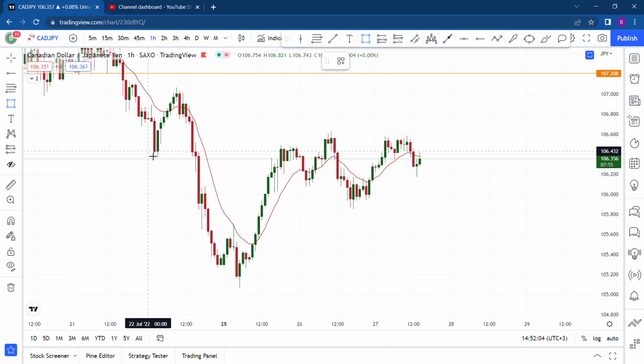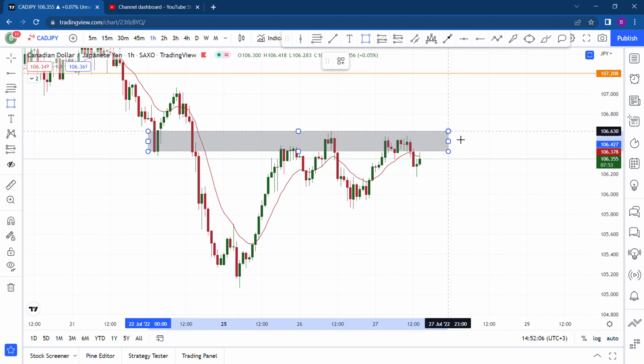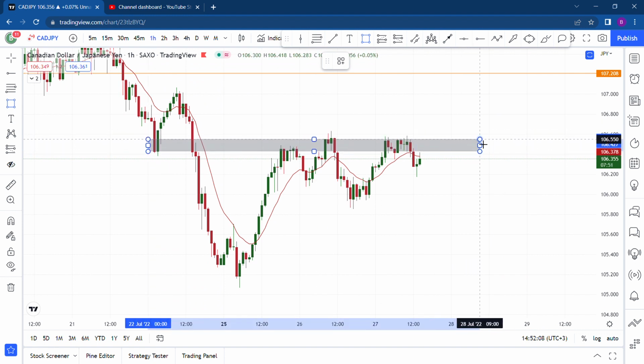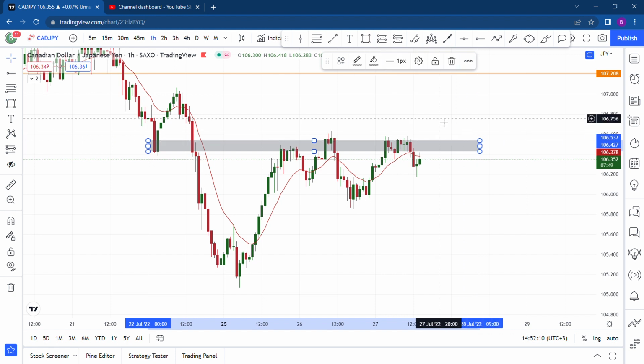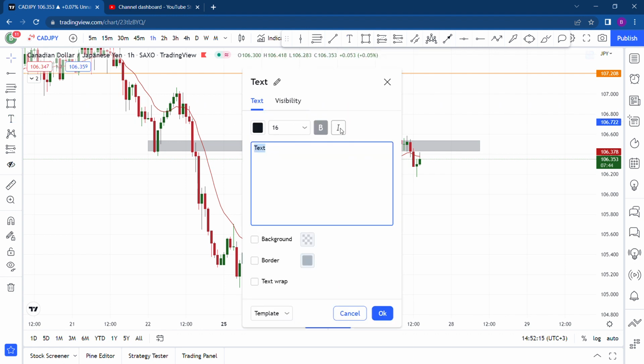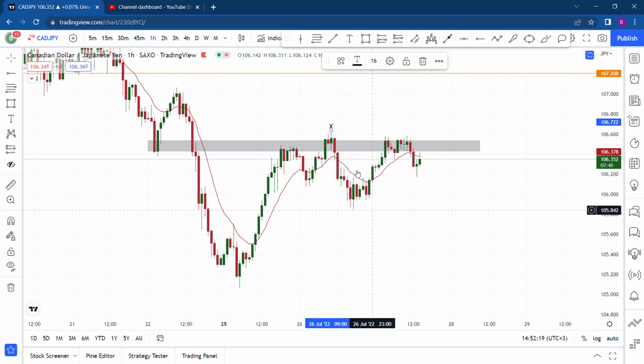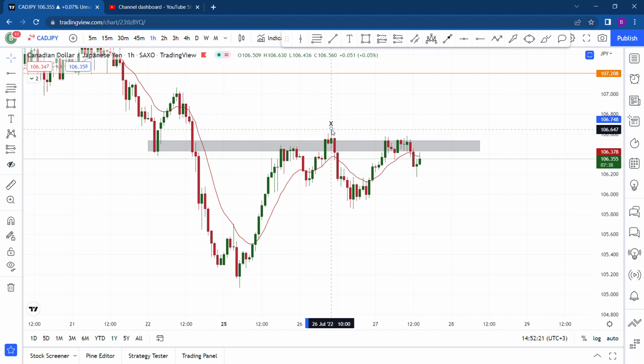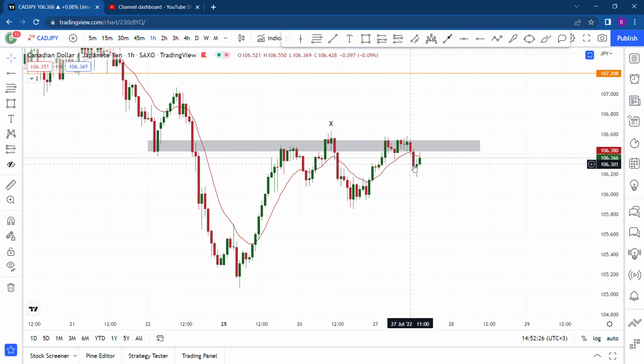So you have this point here extending all the way to this point here. So we have a fake out there. We are going to indicate it by a letter X. So we have a fake out here for a breakout, but price came back here again, broke, retested, it's now dropping.